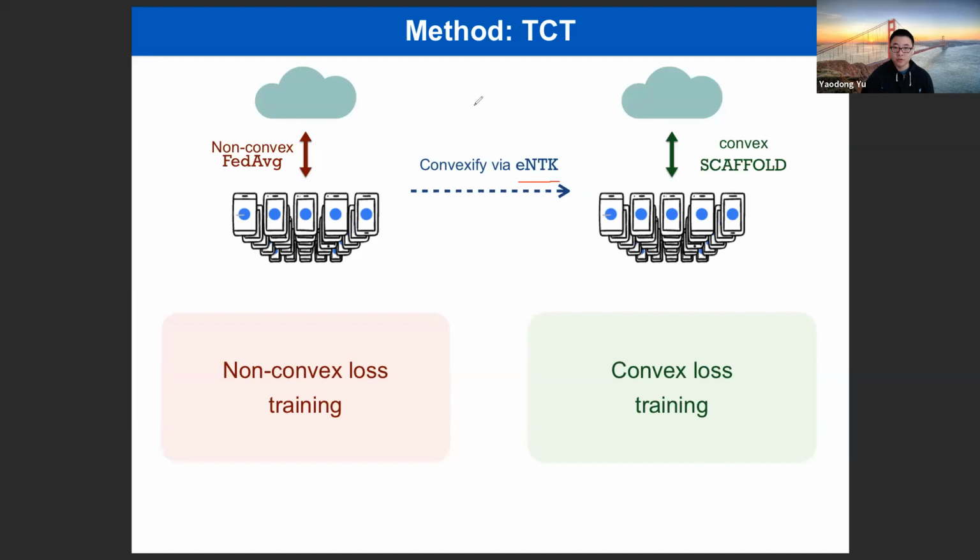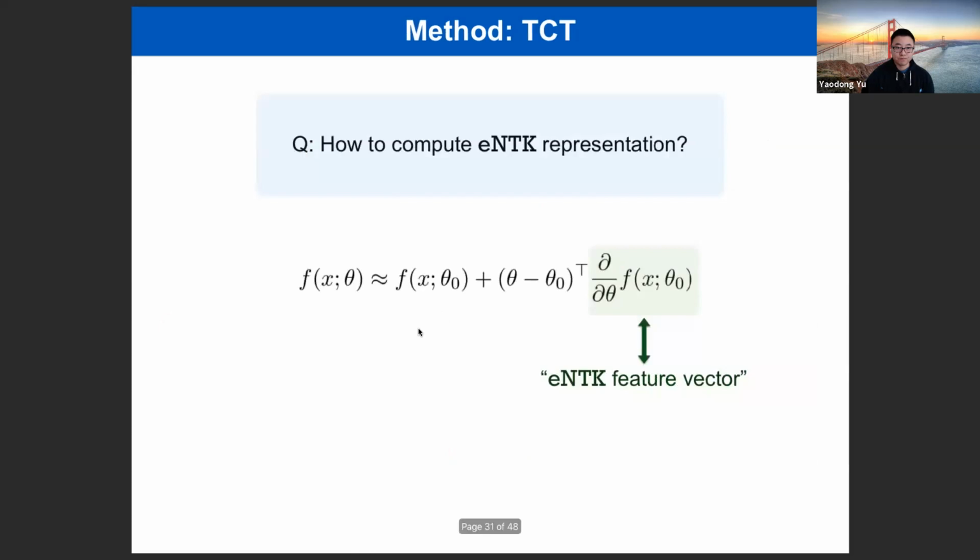The convexify approach we take in this paper is through ENTK, which means the empirical neural tangent kernel representation. Here is a very quick intro to how to compute it. You can interpret f(x, theta) as follows: x is our input, theta is our optimized parameters from federated averaging, and f maps this input through the network to get the output.